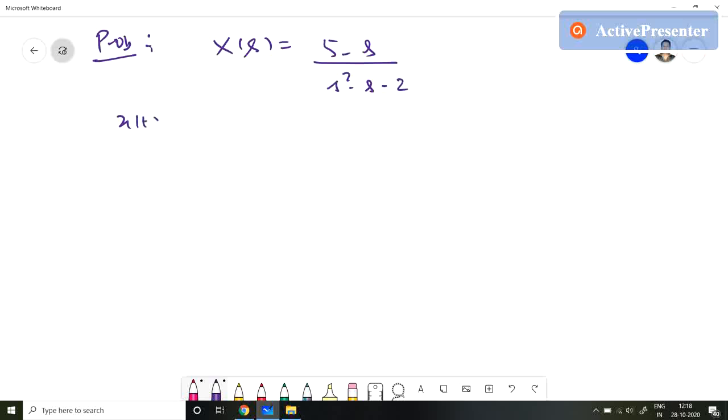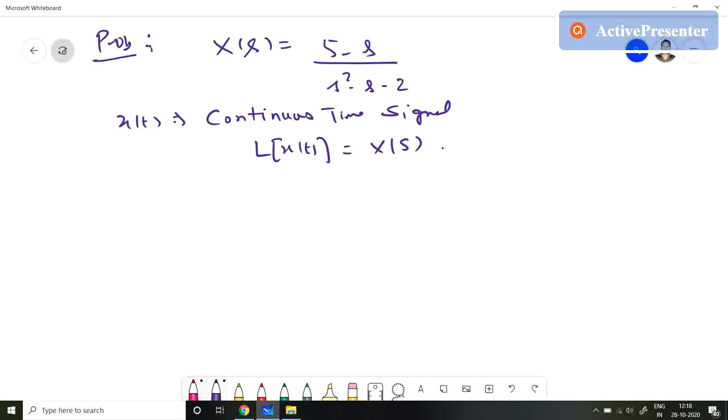So x(t) is a continuous time signal, and the Laplace transform of x(t) is given as X(s). So if the Fourier transform of the signal exists, then what is the value of x(t)?